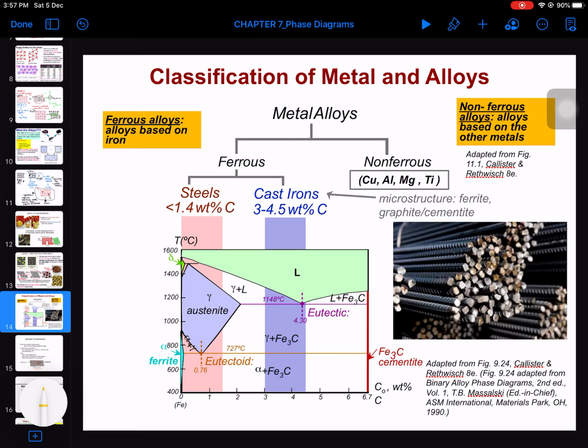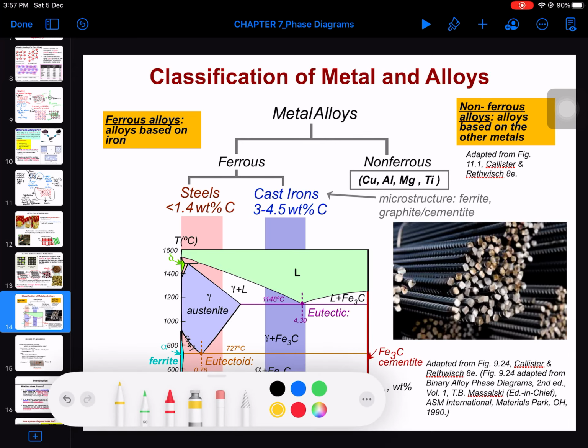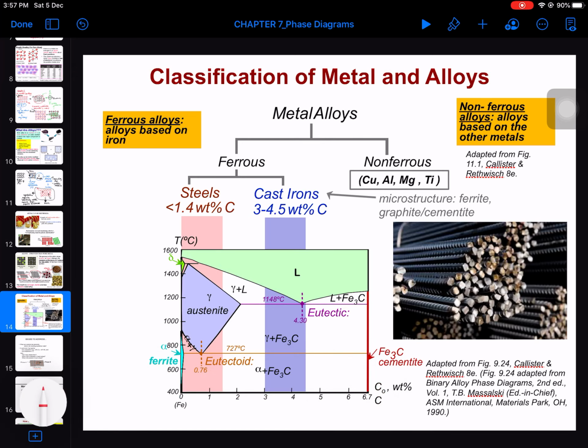If we are looking at ferrous metals and alloys, they can be subdivided into two groups. The first one is what we call steels, and the second one is cast iron. The difference between steels and cast iron lies in the percentage of carbon.